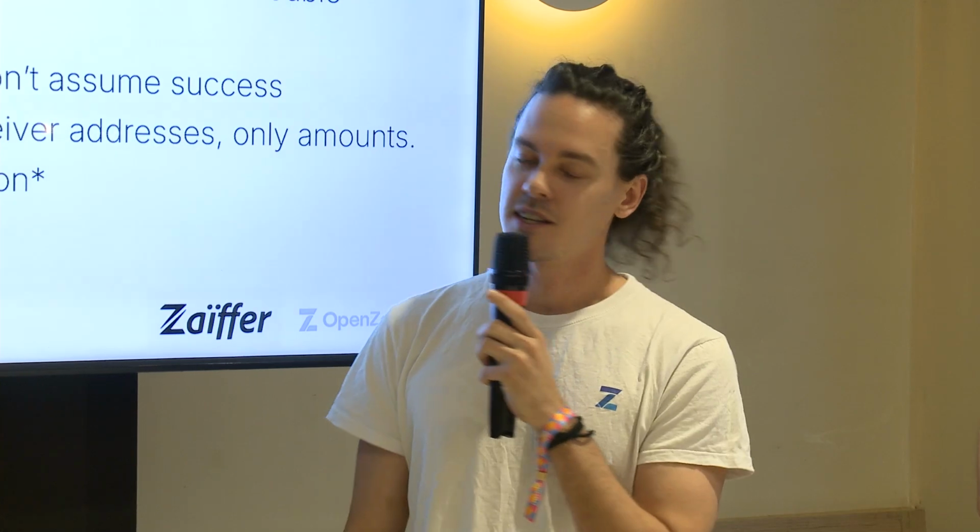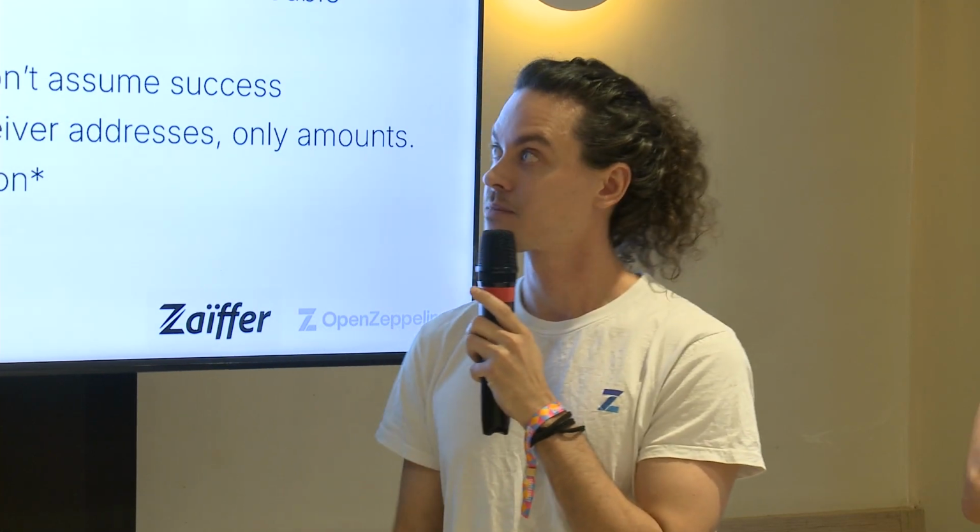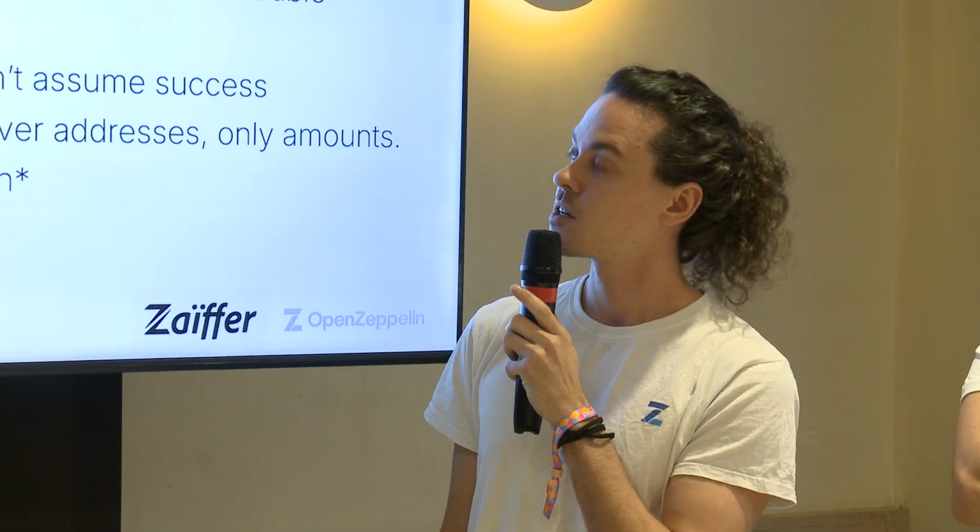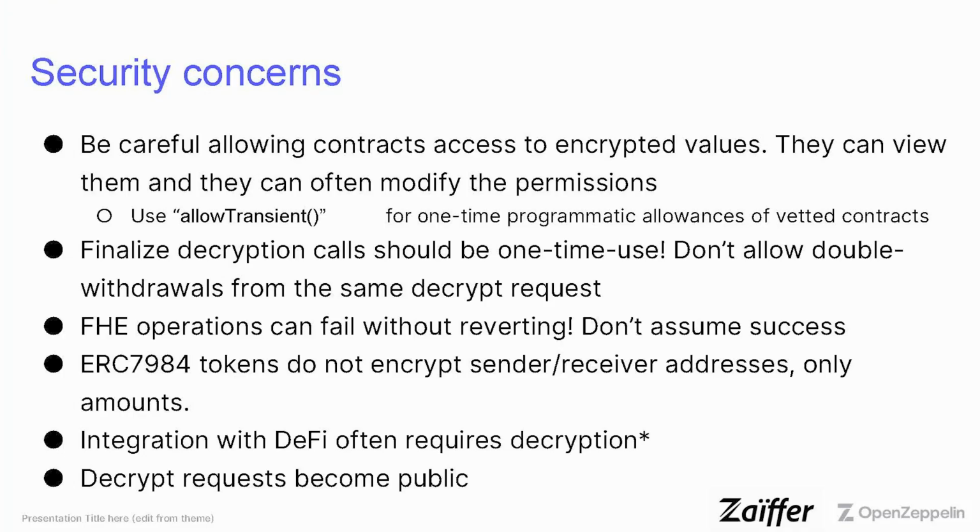So we've got some security concerns when we're dealing with FHEVM contracts. Here are a couple that we've started noticing are common. You need to be careful, of course, with your allowances when you're allowing somebody to manipulate an FHEVM encrypted value.